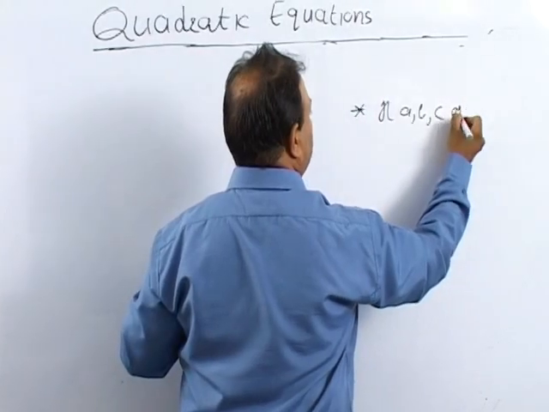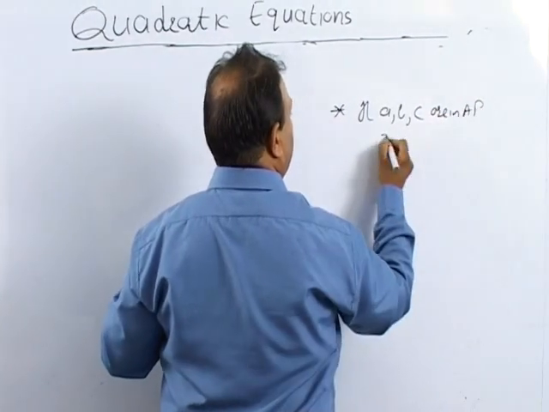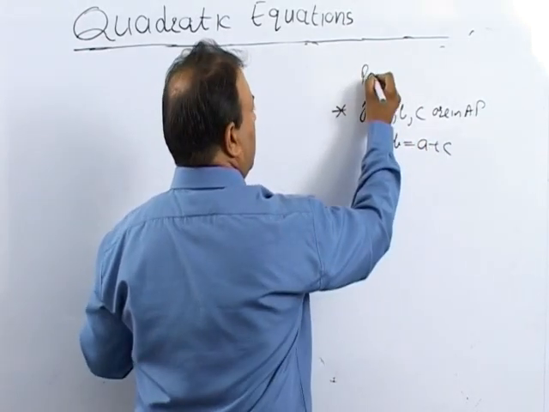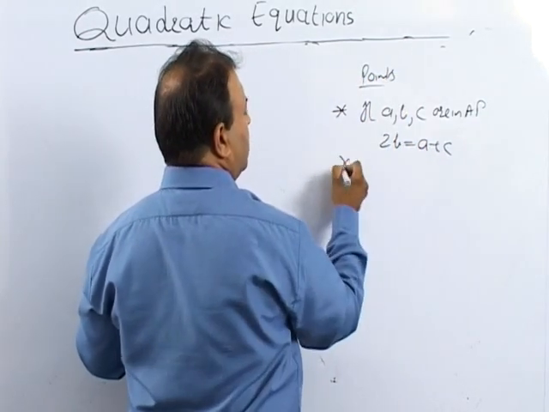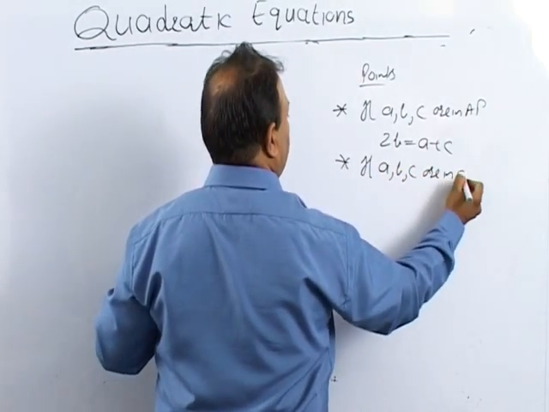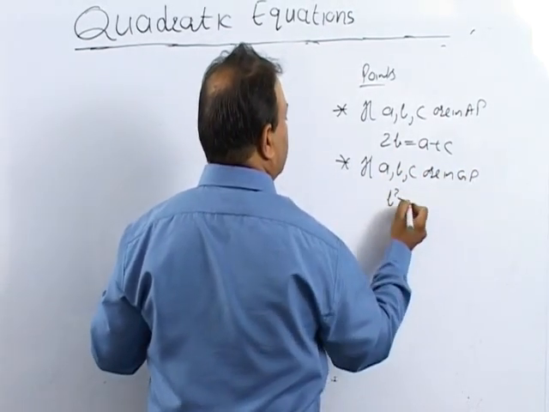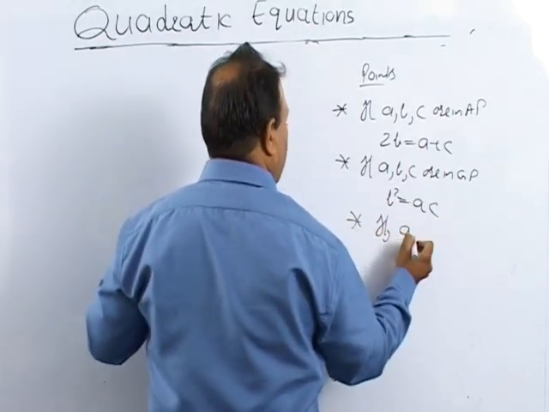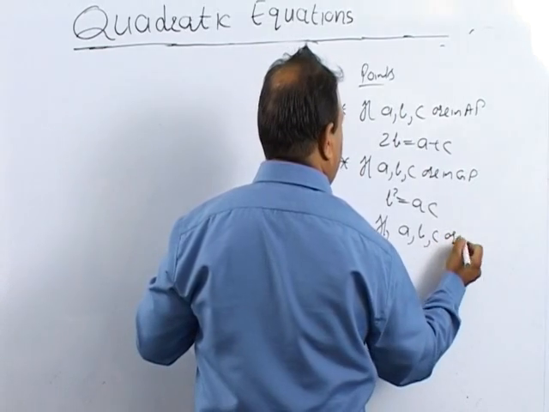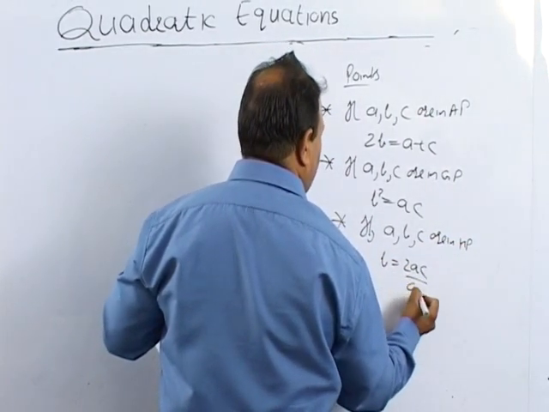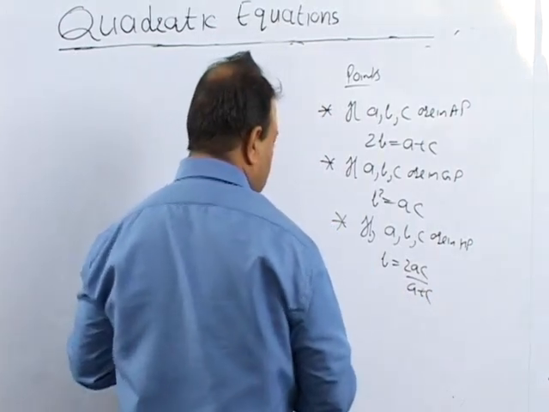If A, B, C are in AP, that means 2B is equal to A plus C. If A, B, C are in GP, then we can write B square is equal to AC. And the third point is, if A, B, C are in HP, then B is equal to 2AC upon A plus C.